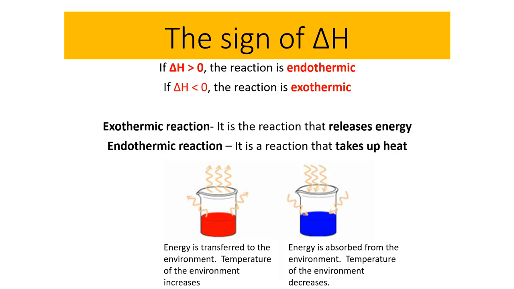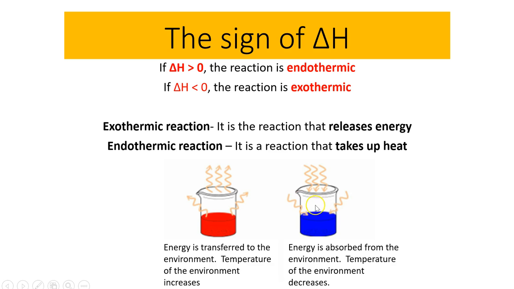Okay, let's continue. If we look at the practical side of exothermic and endothermic reactions, usually in an exothermic reaction, heat is transferred to the environment, heat is given off, so this reaction will heat the environment or heat your hand when you touch it. And in an endothermic reaction, it takes energy from the environment.